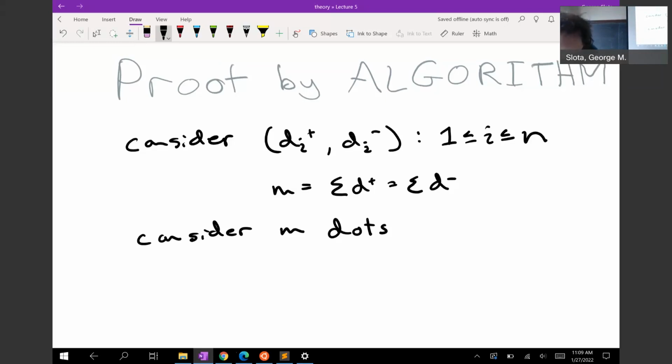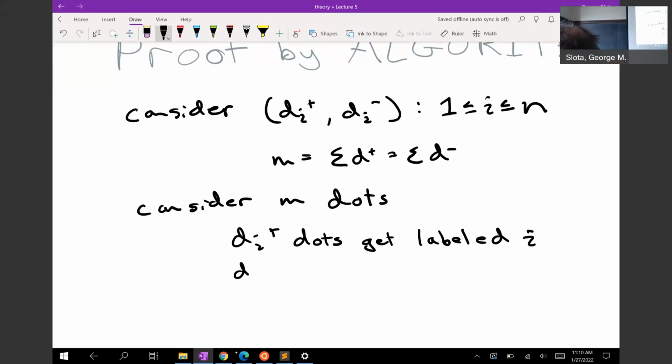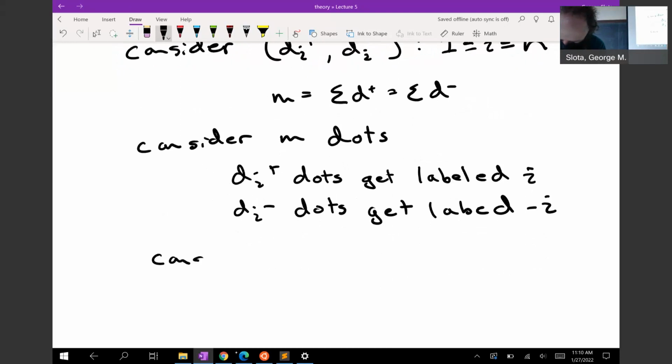So, all right. So what do we have? M dots. D sub i plus dots get labeled i. We'll see what this means in a second. This is also d sub i minus dots get labeled negative i. Now we'll consider our n vertices.